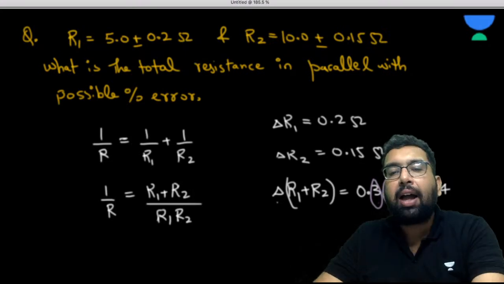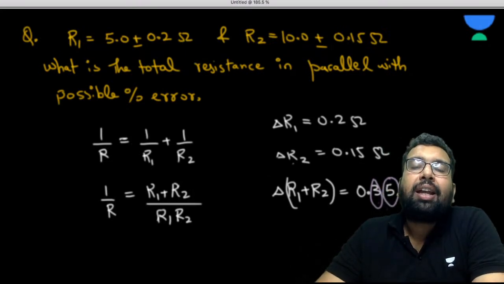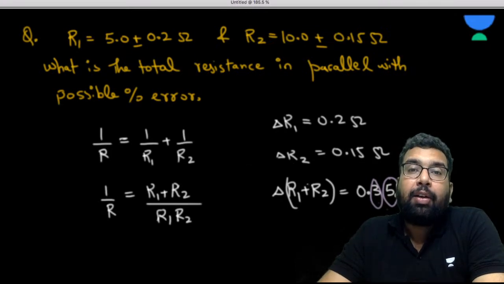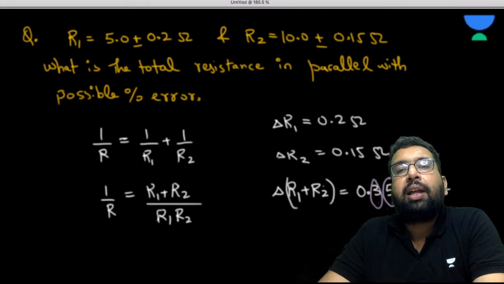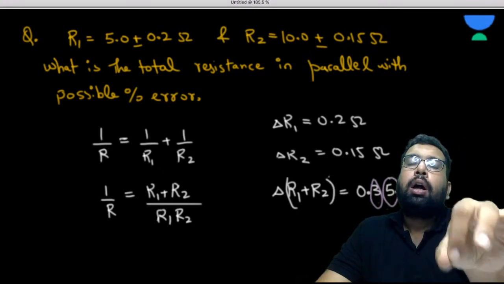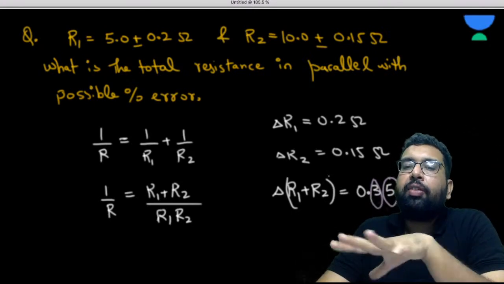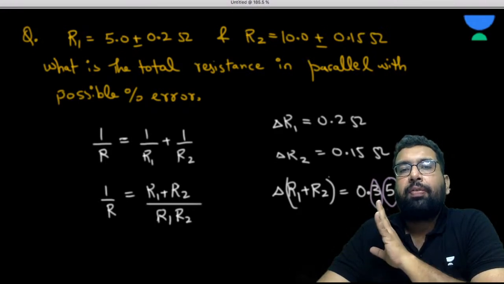So what is delta R1 plus R2? In this kind of question, we miss this point. When errors are added, the final solution must be reduced to the value having the minimum decimal places. There are two values here, 0.2 and 0.15.